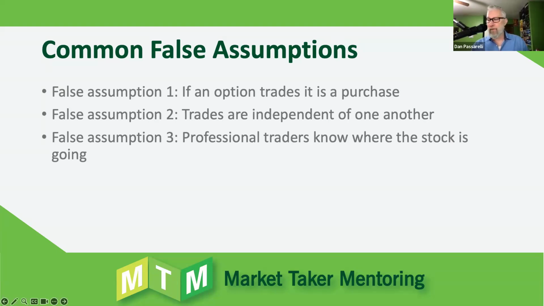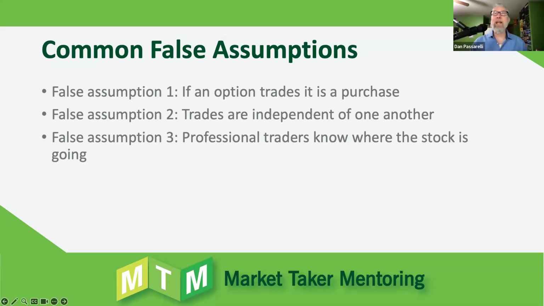Nowadays, as a position trader instead of a market maker, I'm somewhat better at forecasting stocks. But anybody who tells you they know 100% of the time where a stock is going, they're crazy or they're lying to you, including professional traders. They don't know. So they could be wrong.